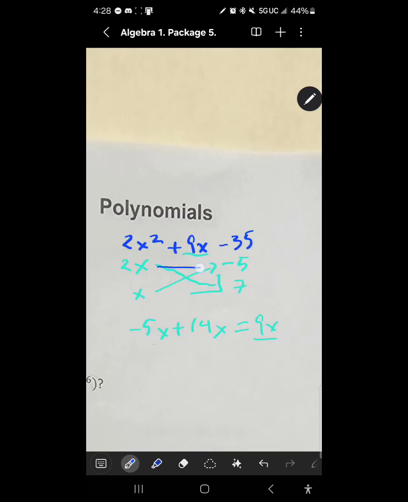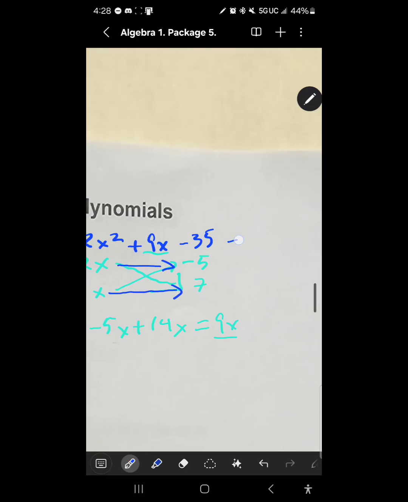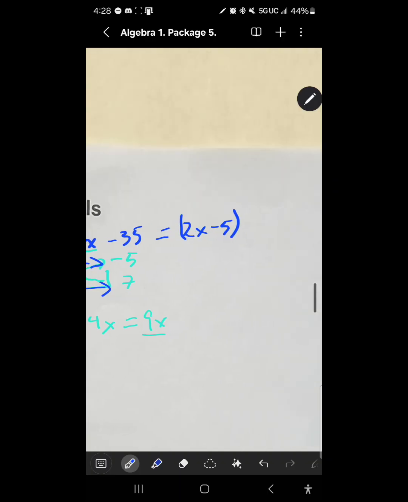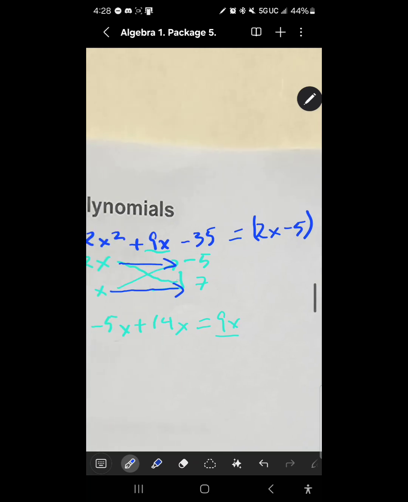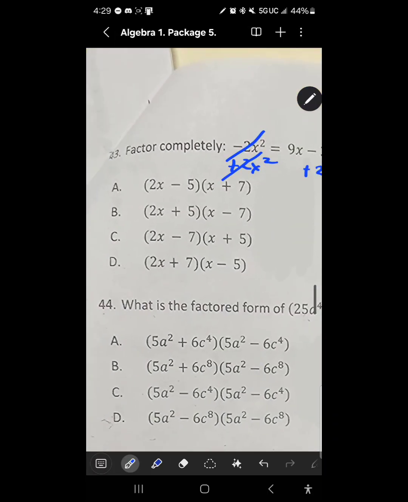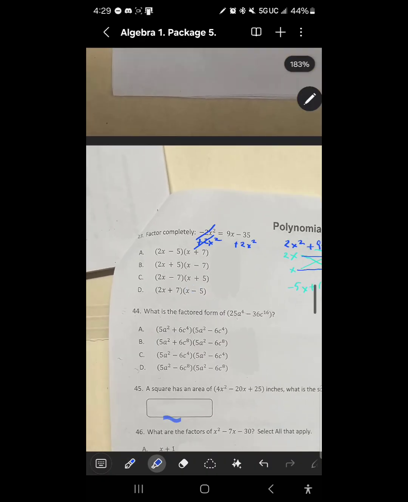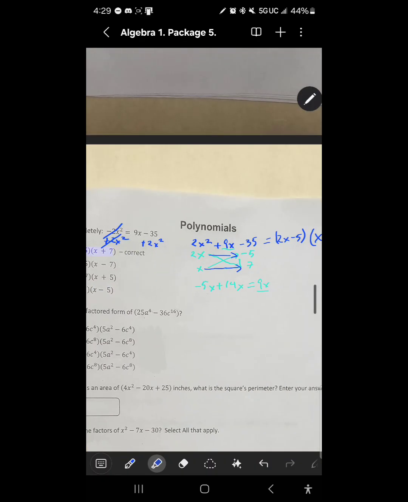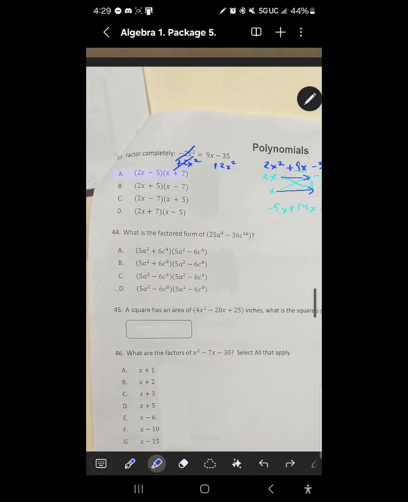Now our answer is 2x minus 5 times x plus 7. Since the 7 is positive, we have a positive sign. So it is 2x minus 5 and x plus 7, which is A. You can see it is correct.